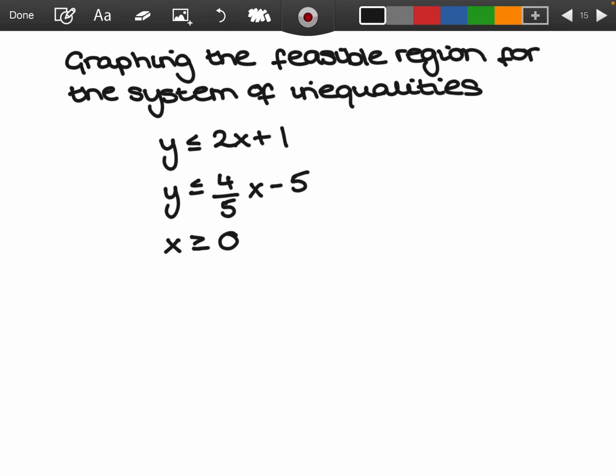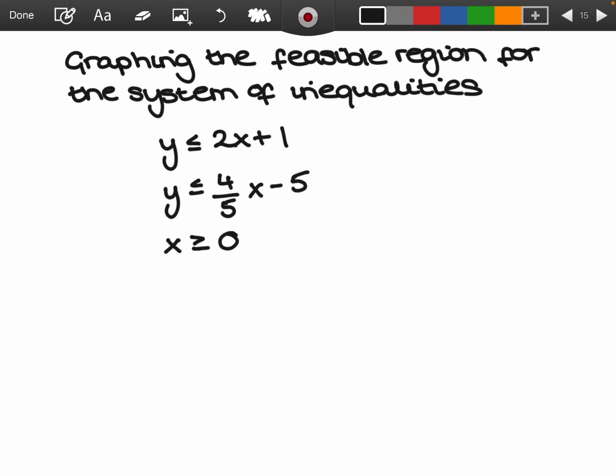The other type of problem you might get, and this is where we're going to be heading with our linear programming problems, is where you have to graph something called a feasible region. Okay? So instead of just graphing one particular inequality, you have to graph multiple inequalities at the same time.